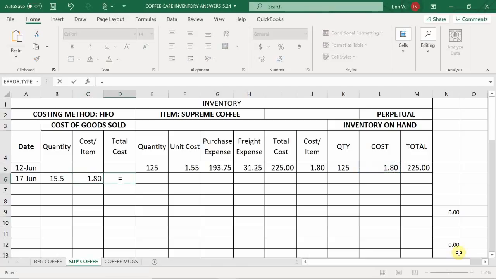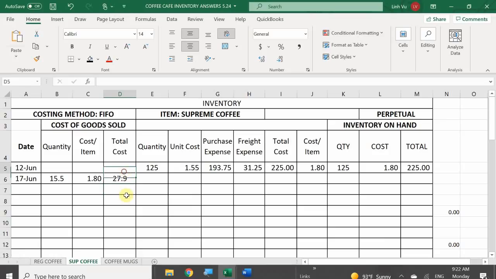So, how much is my total cost of goods sold? $27.90. Good.